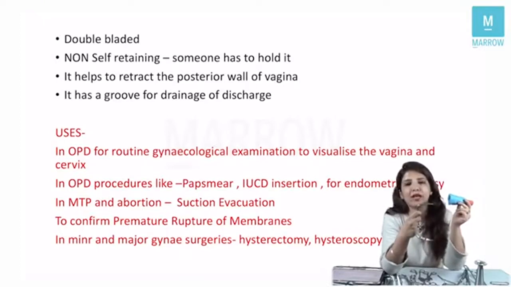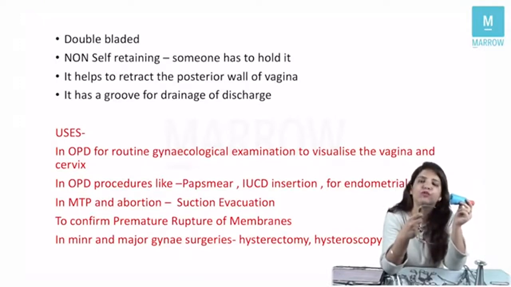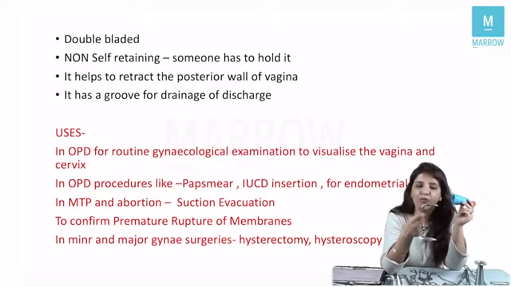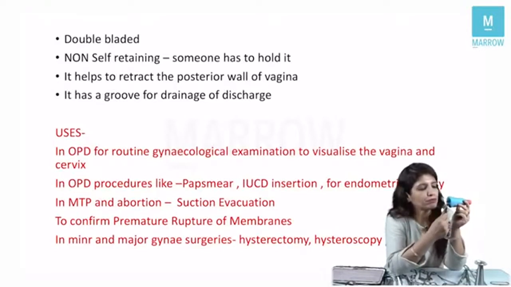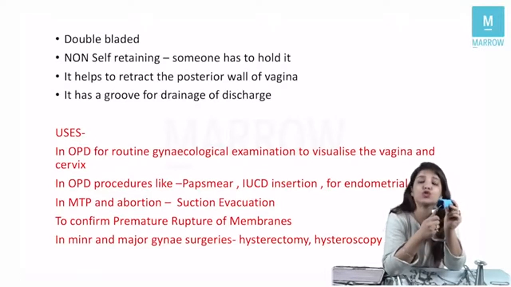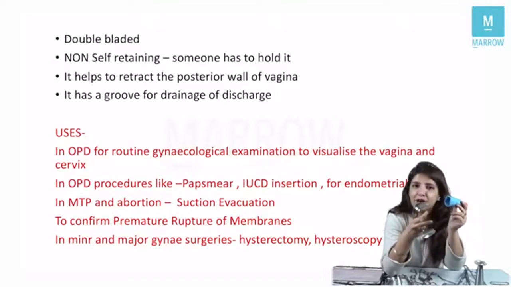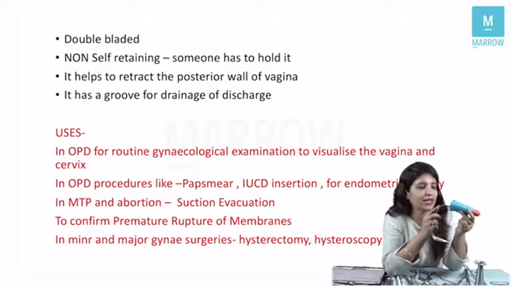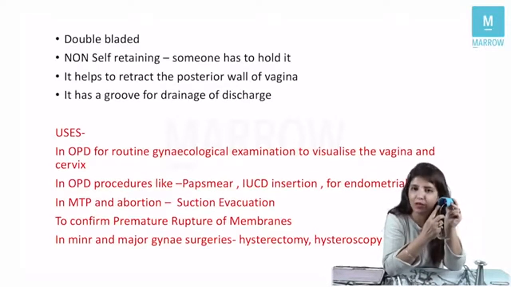Also, a SIMS speculum can be used to identify rupture of membranes, right? If you are not sure whether the membranes have ruptured or not, because it is not a complete rupture, just some fluid is coming out, not a gush of water, in that case you can put the SIMS speculum and ask the female to cough.